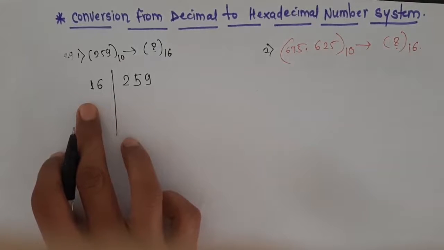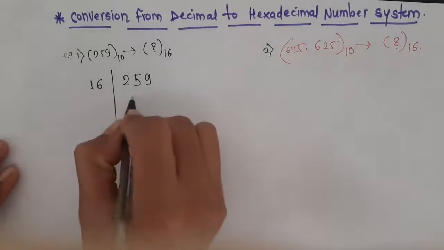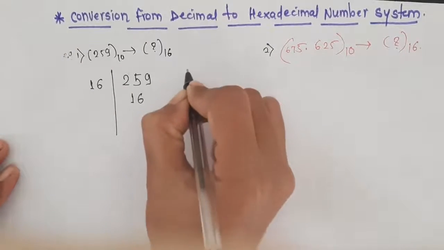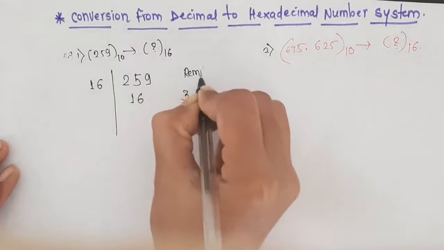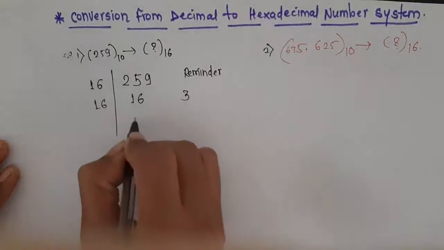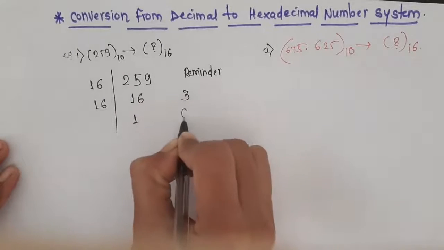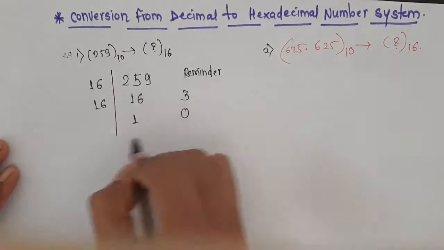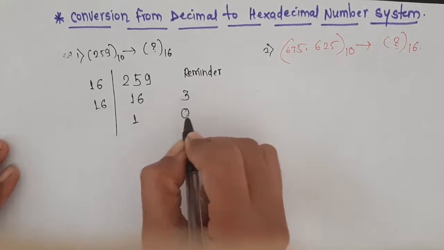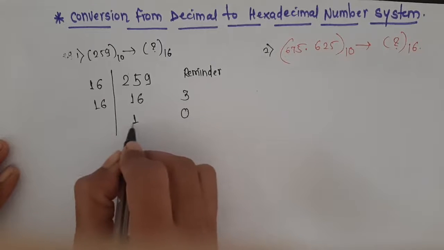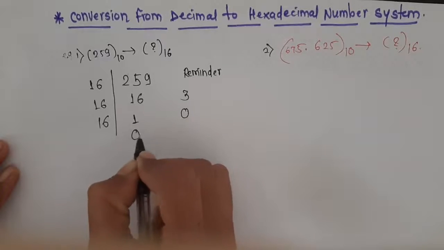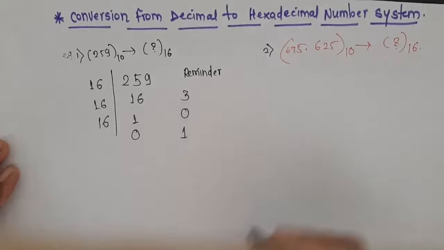Here we get 16 into 16, 256, and the remainder will be 3. After that 16 into 1 is 16, the remainder is 0. And after that 1 is not divisible by 16, so here it is 0 and the remainder will be 1.